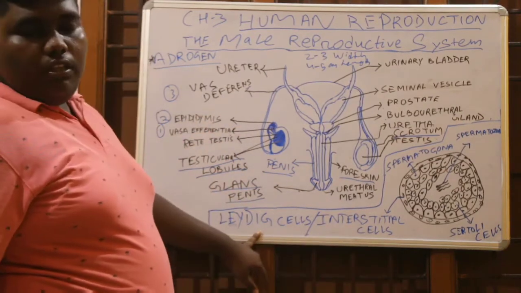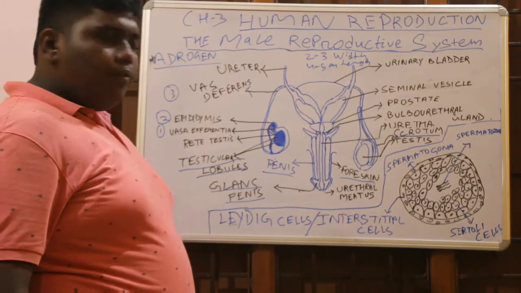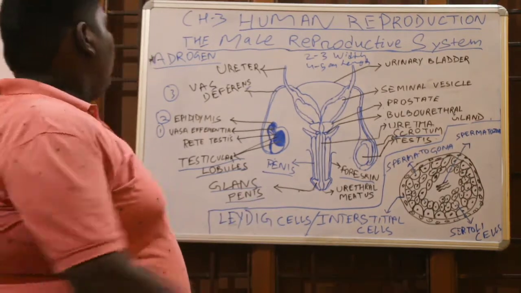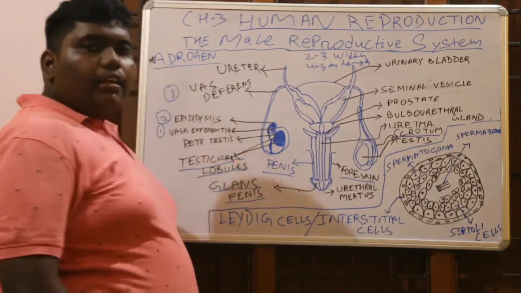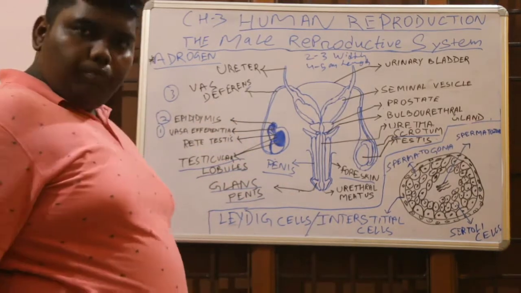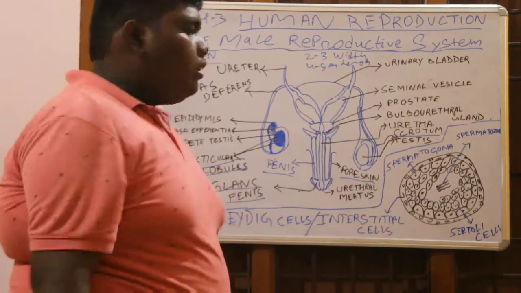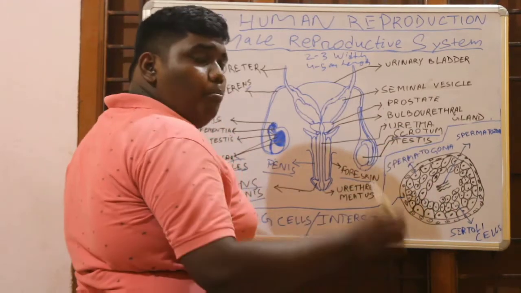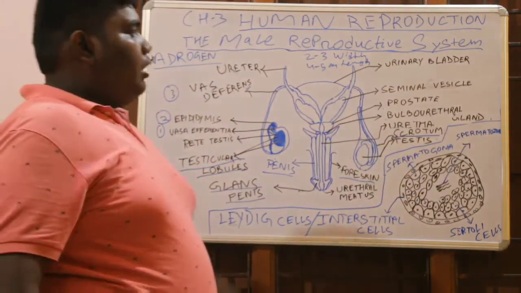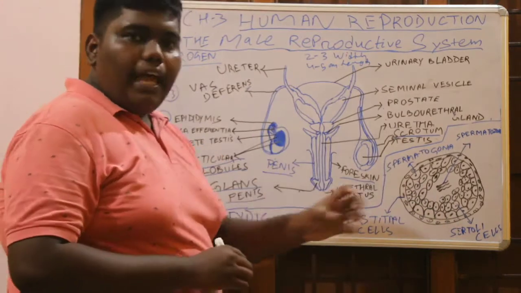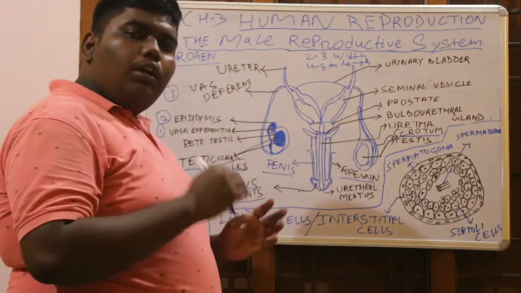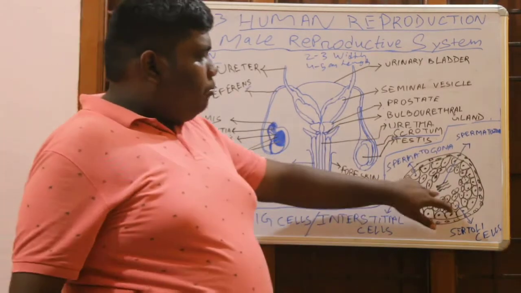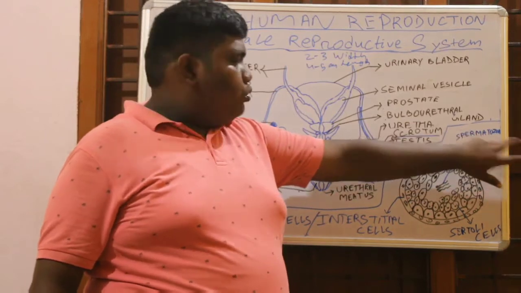What does this cell do? They secrete a hormone that is called androgen that helps in the formation of sperm. Now what else is present in this seminiferous tubule? The spermatogonia, the male germ cell, is present, that is a diploid cell that undergoes mitosis and divides to form sperm, or we can say spermatozoa.